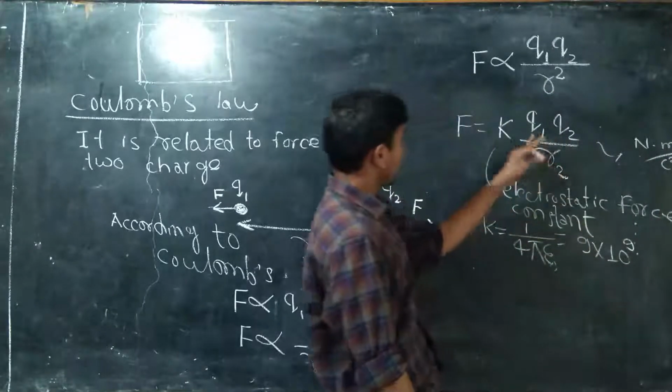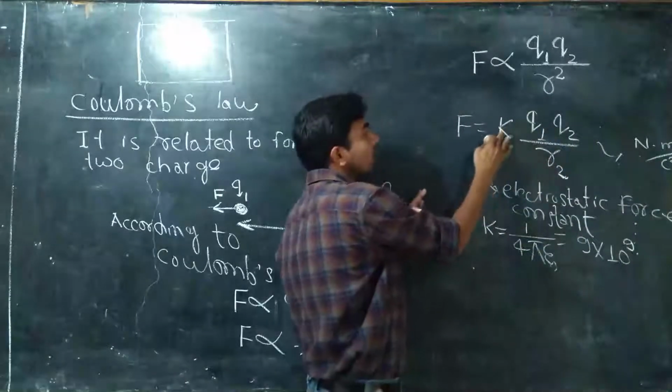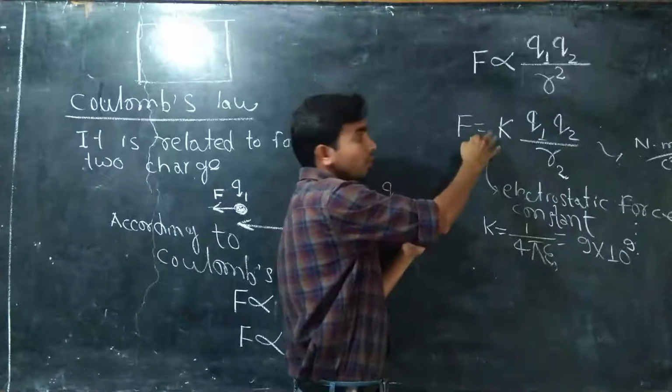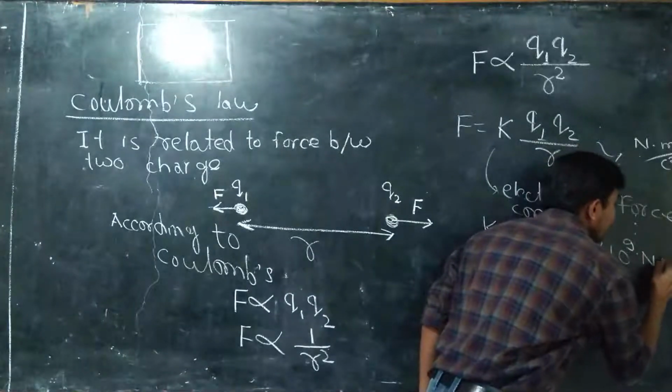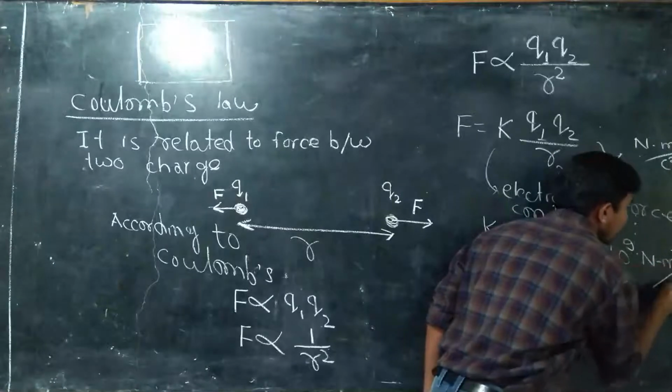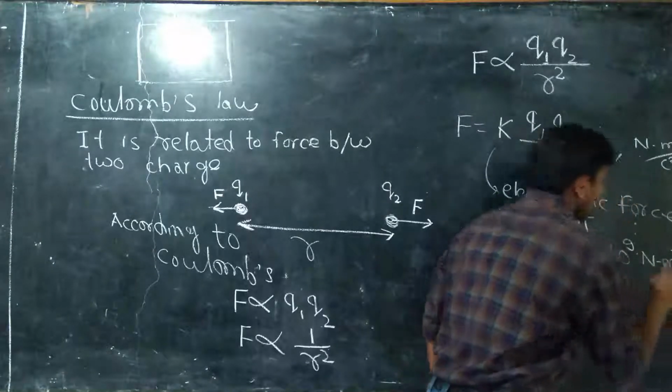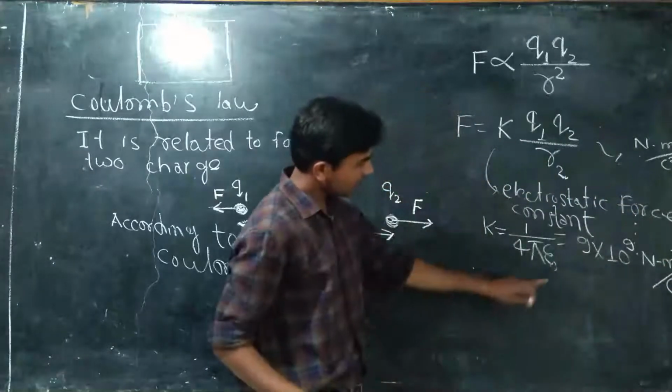So from here you are able to find the unit of K: Newton meter square per coulomb square.